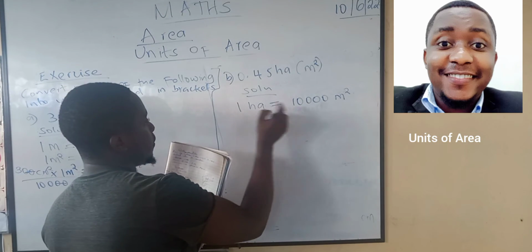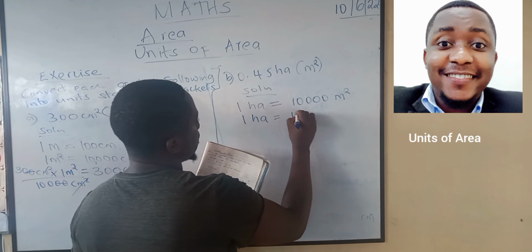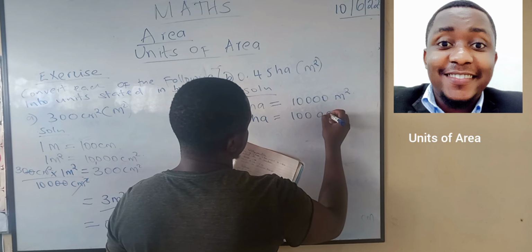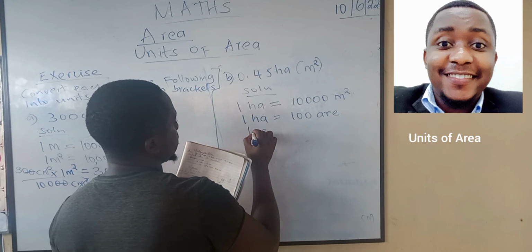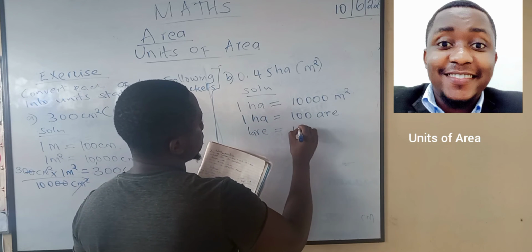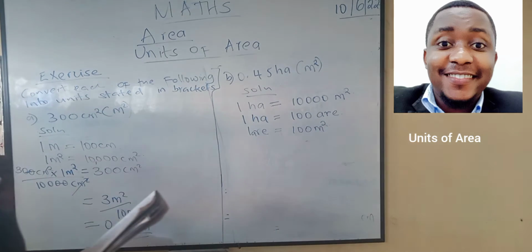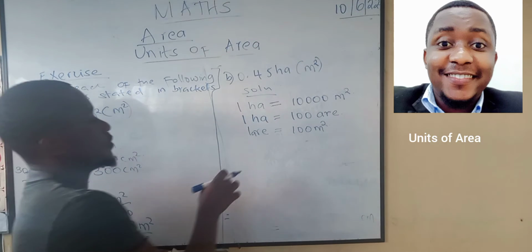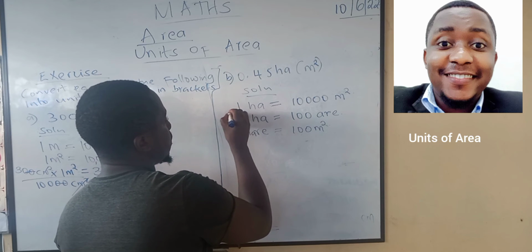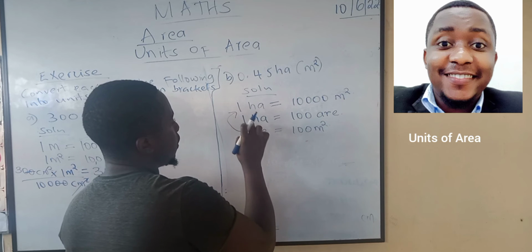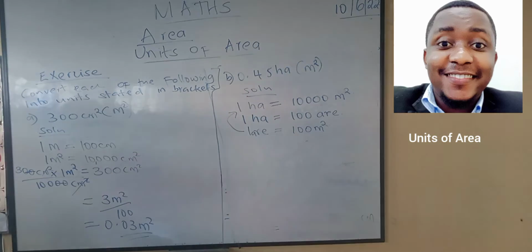Remember, if you don't know where we came to this, 1 hectare is equal to 100 acres, and 1 acre is equal to 100 meters squared. That is why we are saying that 1 hectare is equal to 10,000 meters squared.